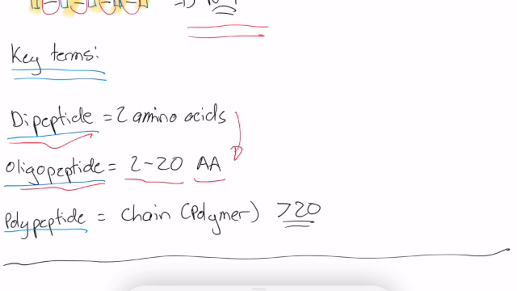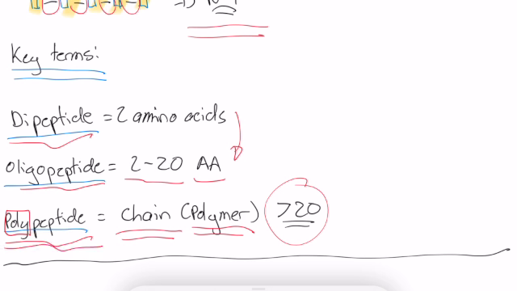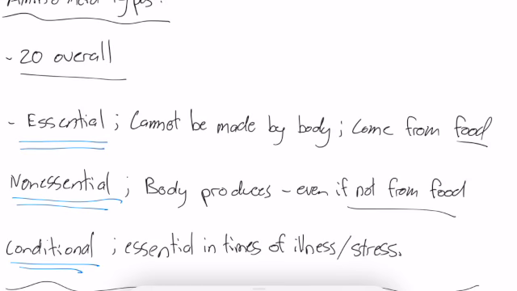Finally, and perhaps most commonly for proteins, we have polypeptides, which are effectively a polymer, so we can see that poly present in this word, meaning there's a chain greater than 20. So you're looking at a long and typically complex chain of amino acids when they're being referred to as a polypeptide.